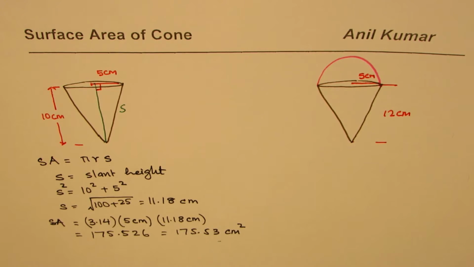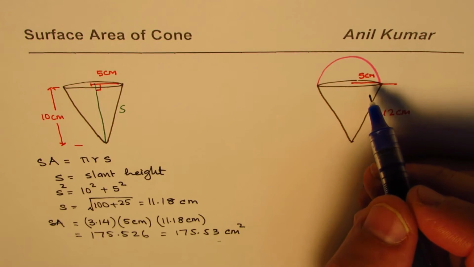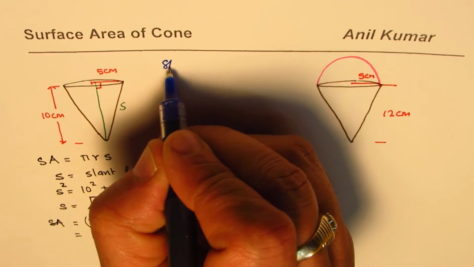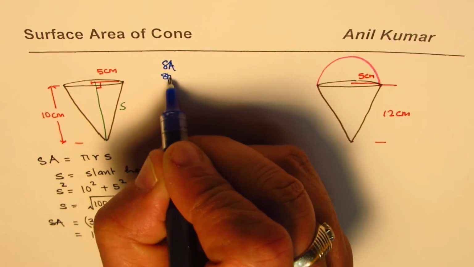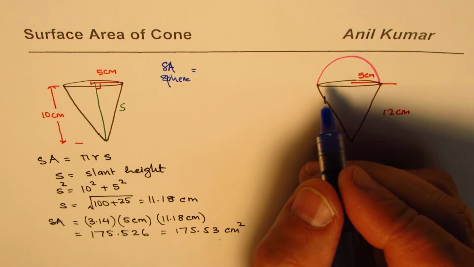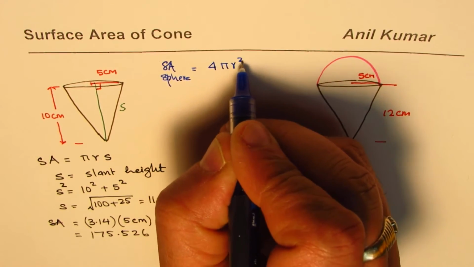Now we'll do the surface area for the ice cream cone, where the ice cream is like a hemisphere right on the top. What is the surface area of a sphere? The surface area of a sphere is 4 pi r squared.